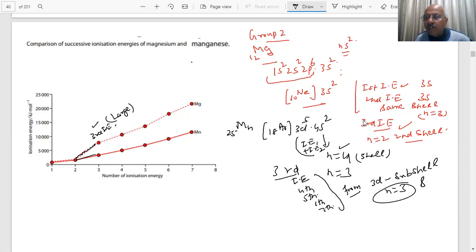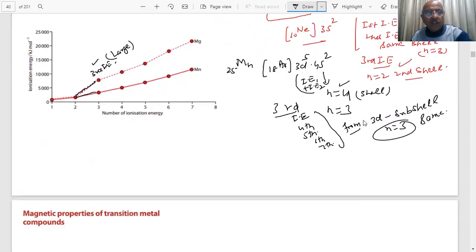That is why these values are lower than magnesium. Therefore, these higher ionization energies of manganese are lower than magnesium. When I change the shell number, naturally the ionization enthalpy will show a larger increase. In the same shell, it will show a lesser increase.